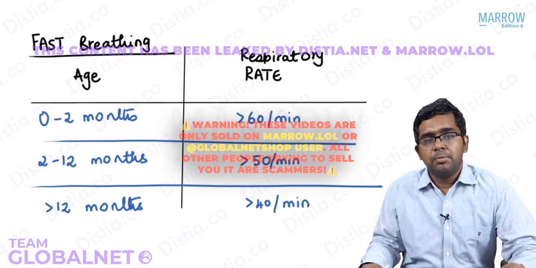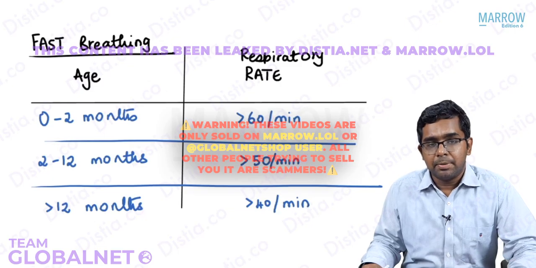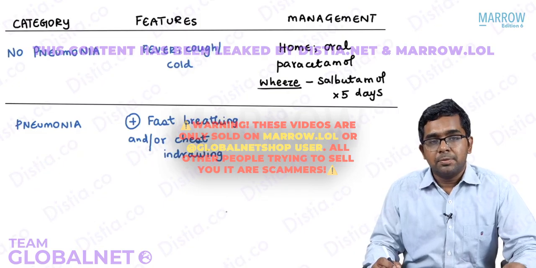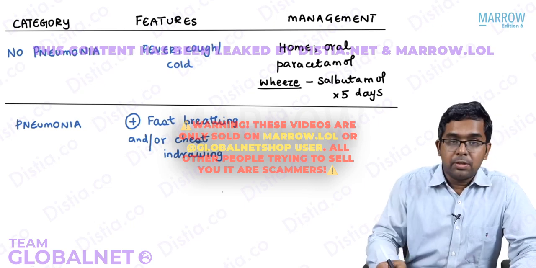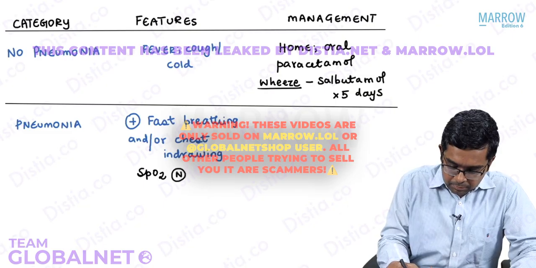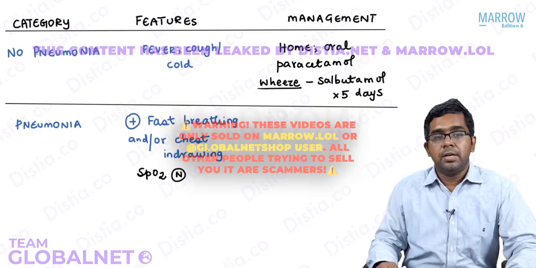So while applying the criteria of fast breathing, it is very important that you interpret according to the age of the child. Fast breathing and/or chest indrawing will be considered pneumonia. The most important thing to be noted here is SpO2 should be normal, in other words, there should be no hypoxia. Then only you can call it pneumonia.